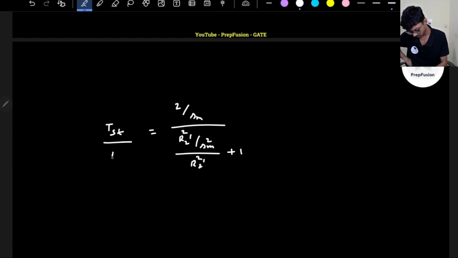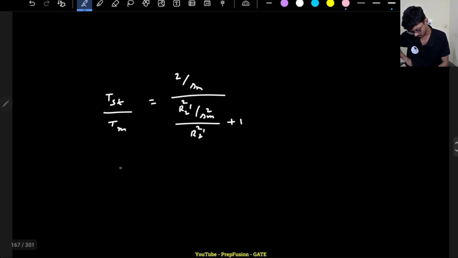So basically the starting torque divided by the maximum torque comes out roughly, very important, you have to remember this. It will be utilized in many places.